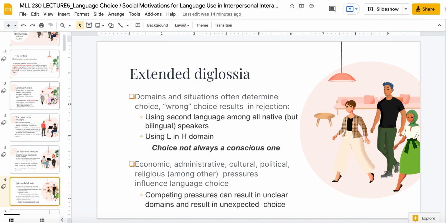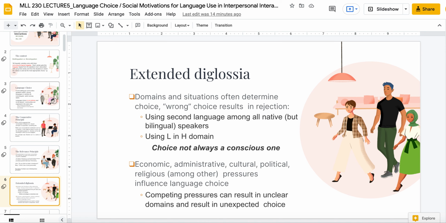There are also economic, administrative, cultural, political, and religious pressures that influence language choice. If you belong to the upper class, but then you go somewhere like the Bronx, you're going to really look out of place.